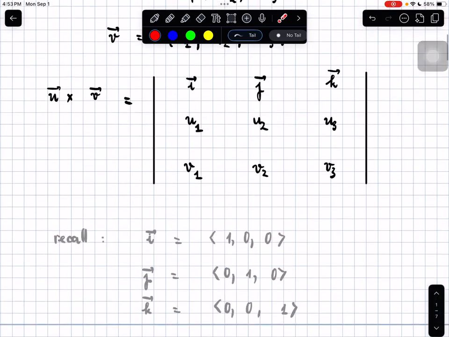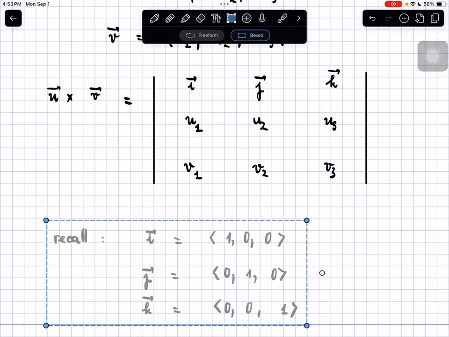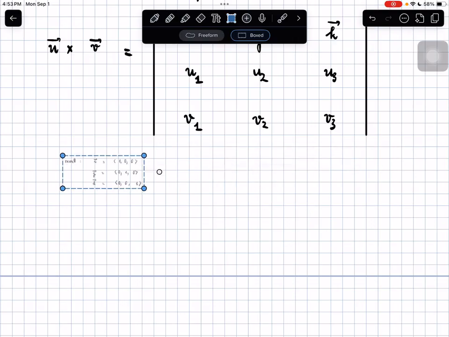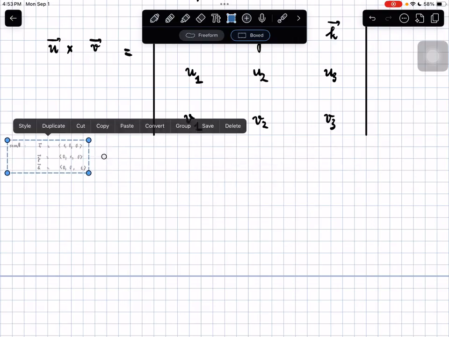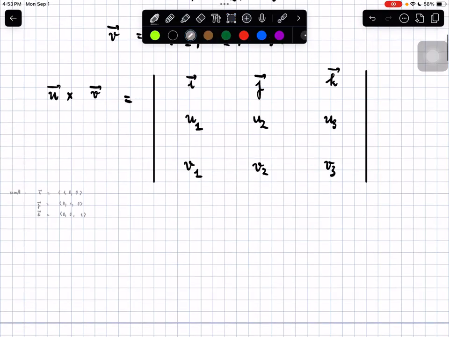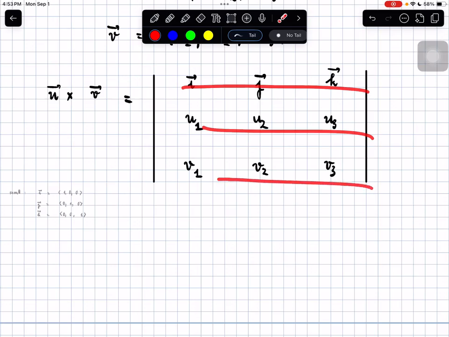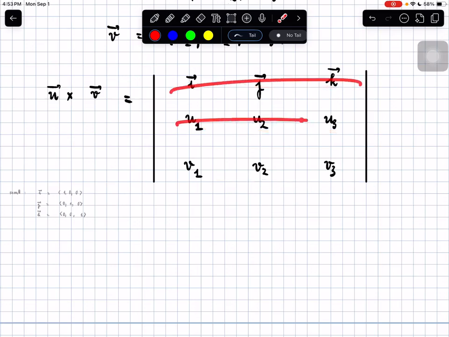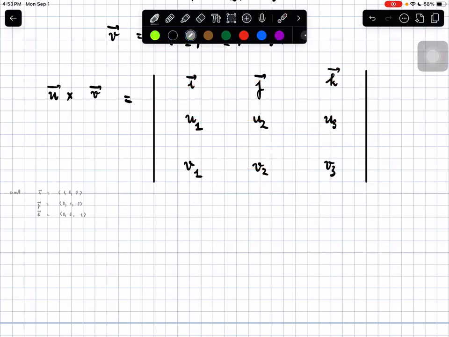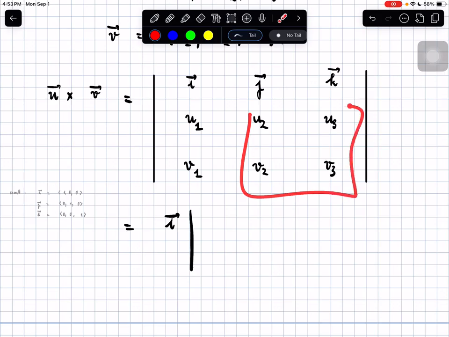So now we will compute the determinant. We call this a 3 by 3 matrix, since it has 3 rows and 3 columns. The determinant of this matrix can be computed as follows.